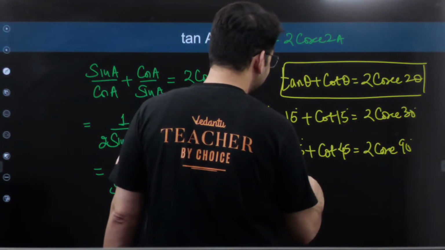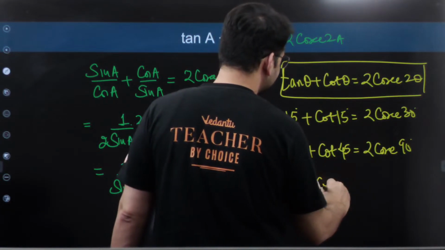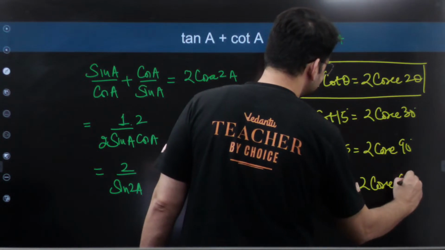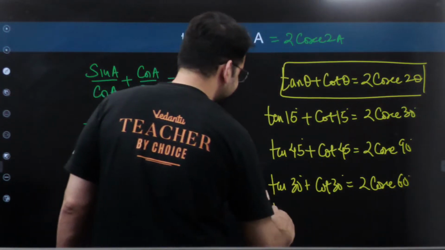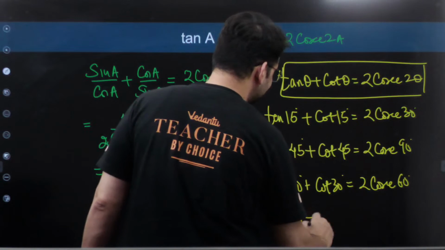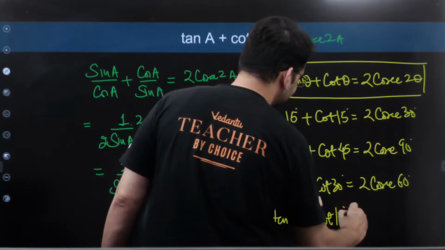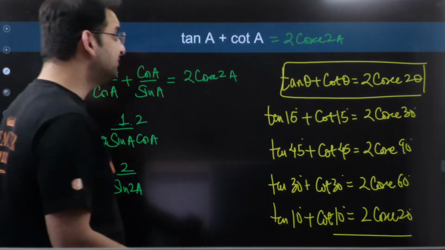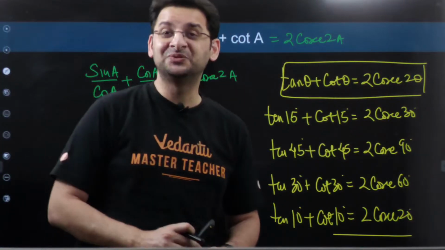Tan 30 degrees plus cot 30 degrees is 2 cosec 60 degrees. Tan 10 degrees plus cot 10 degrees is 2 cosec 20 degrees. Right? So this is one formula that you should remember, because it is very useful.